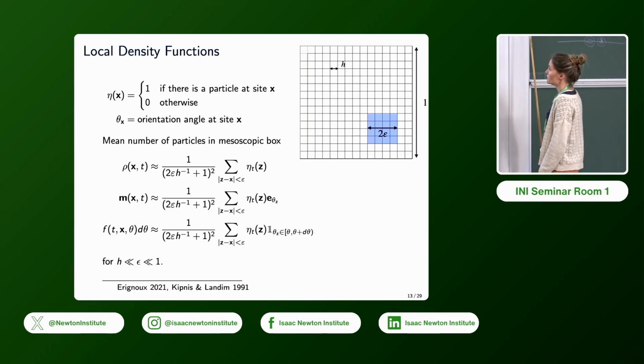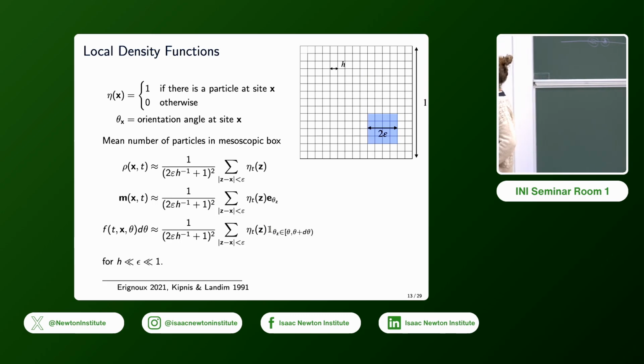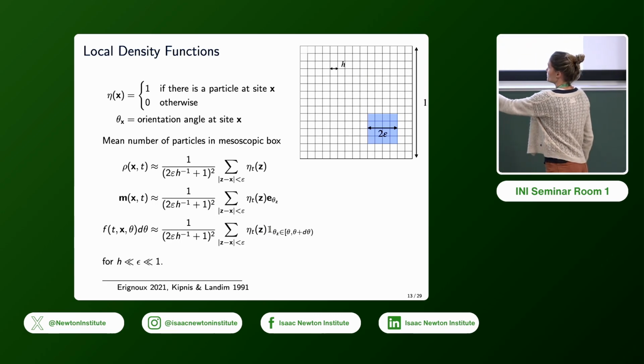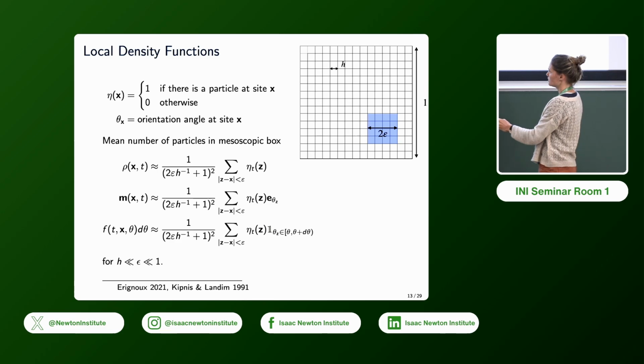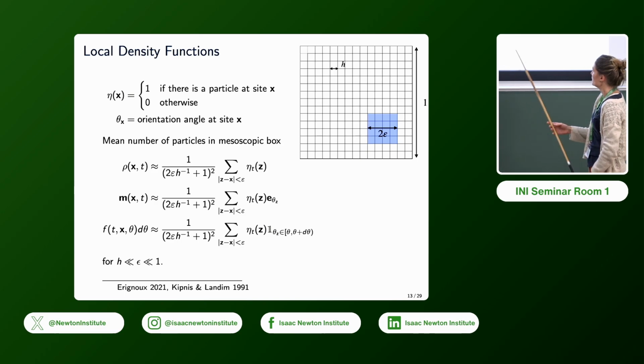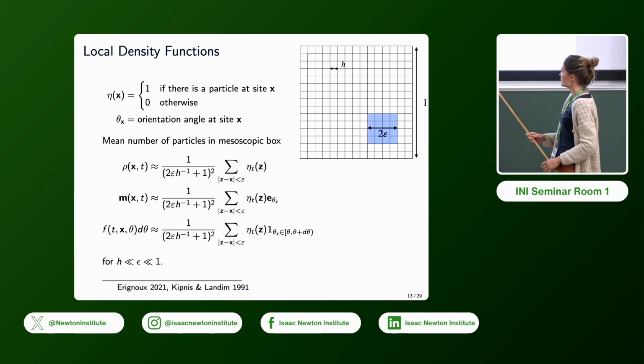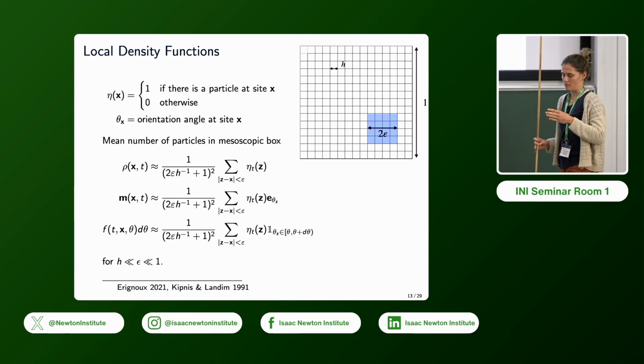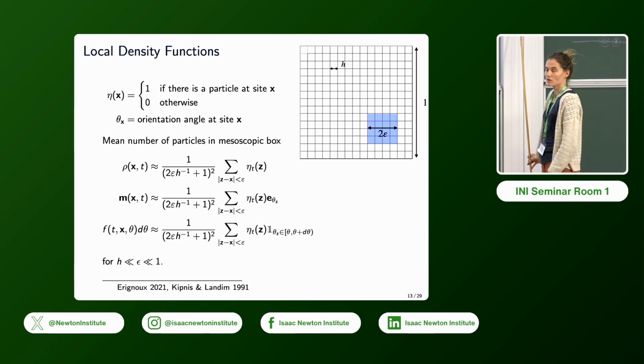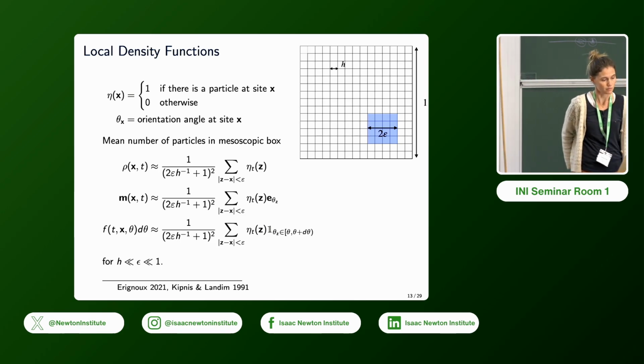The idea now is that in the hydrodynamic limit, rather than having only a spatial density, we'll have a density in position and orientations, and then we'll have the spatial density, where we don't care about the orientation, and also the magnetization here that tells us the mean orientation at a given macroscopic point x.